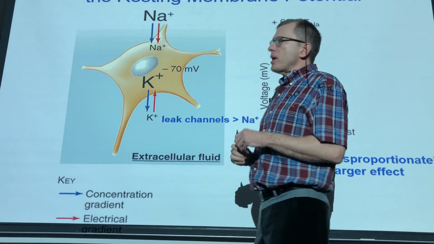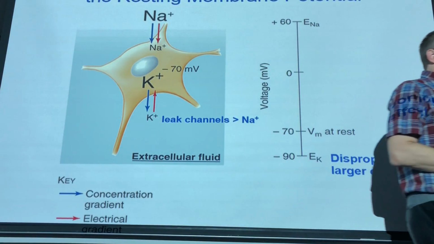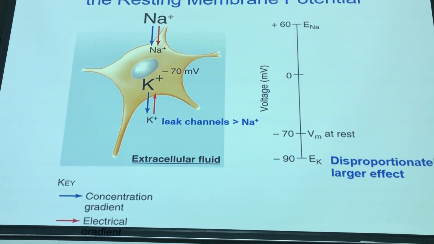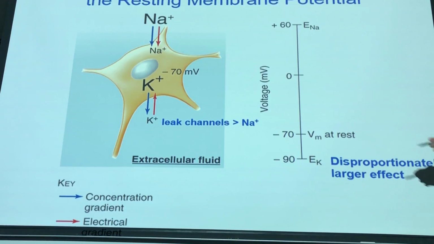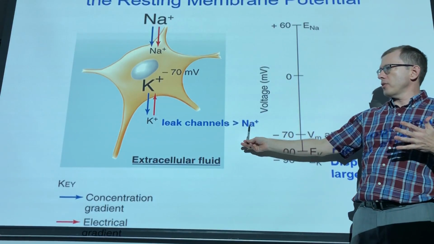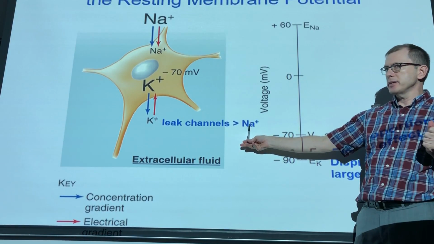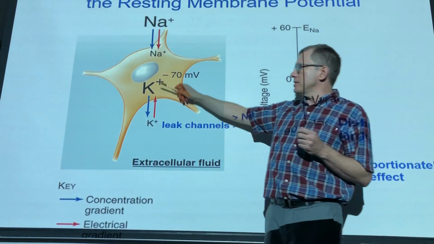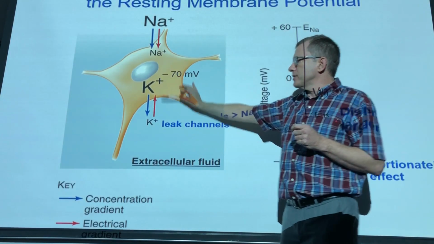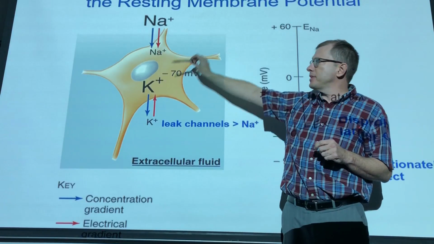Now, remember I said that happens when the channels are open. Obviously, you have to have the potassium or the sodium channels open for them to move across. And as I said before, there are more potassium leak channels than there are sodium. Okay? So what that means is there is a greater effect exerted by potassium than sodium.